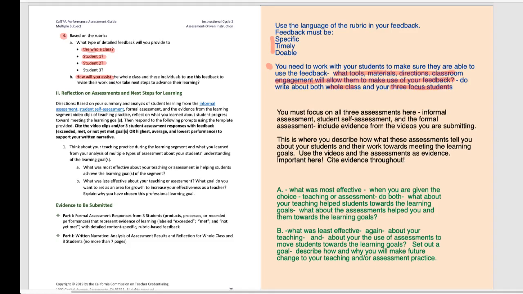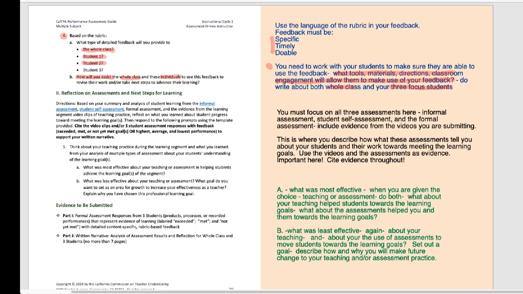That's because that's how it's set out here, whole class and individuals. Sometimes you give feedback to students and they might just need some particular different approach or different tool to be able to take that feedback and do something to improve their learning. That's what you should describe with B.